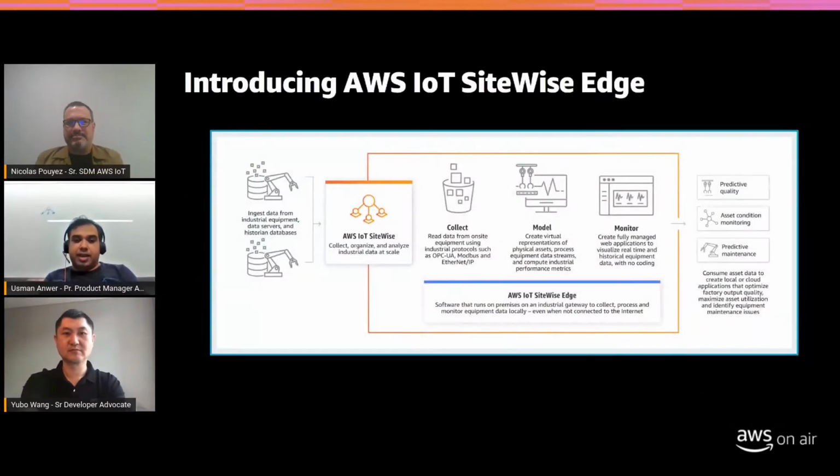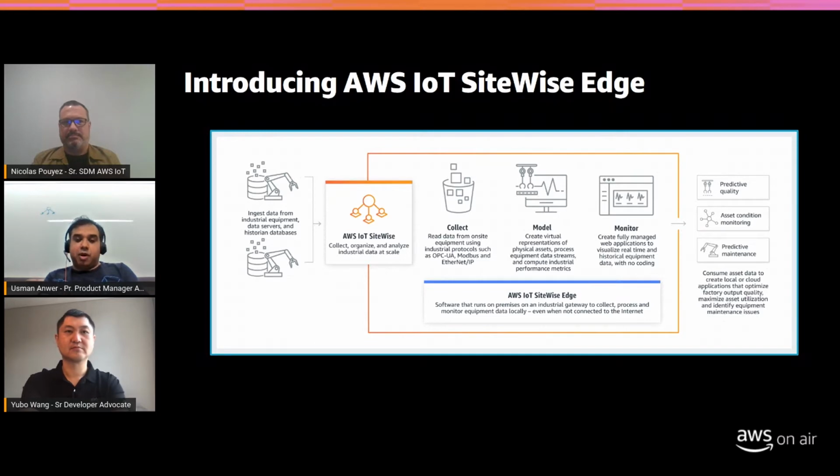To understand SiteWise Edge, you need to understand the AWS IoT SiteWise service that we GA'd a few months ago. So SiteWise service allows you to collect data from industrial sources such as historians and equipment over common industrial protocols such as OPC-UA.